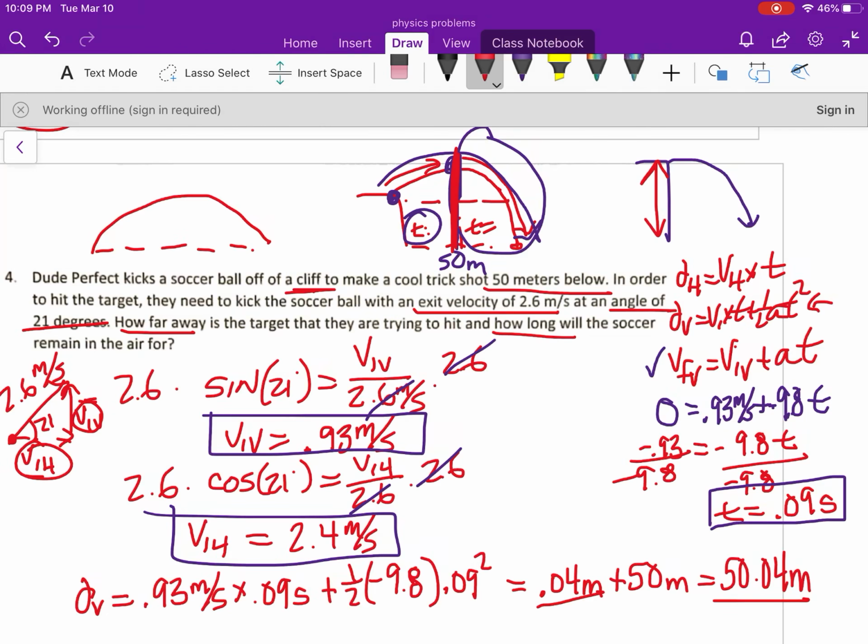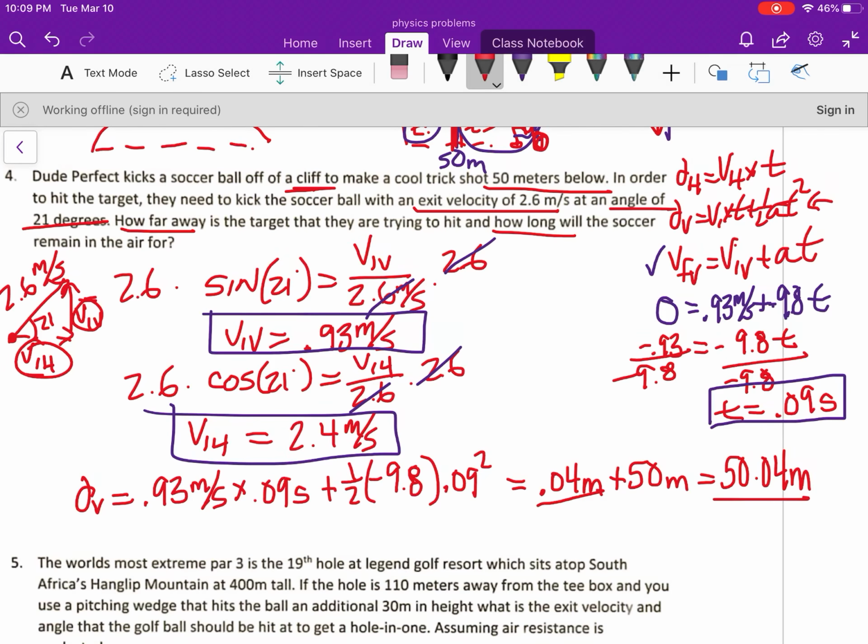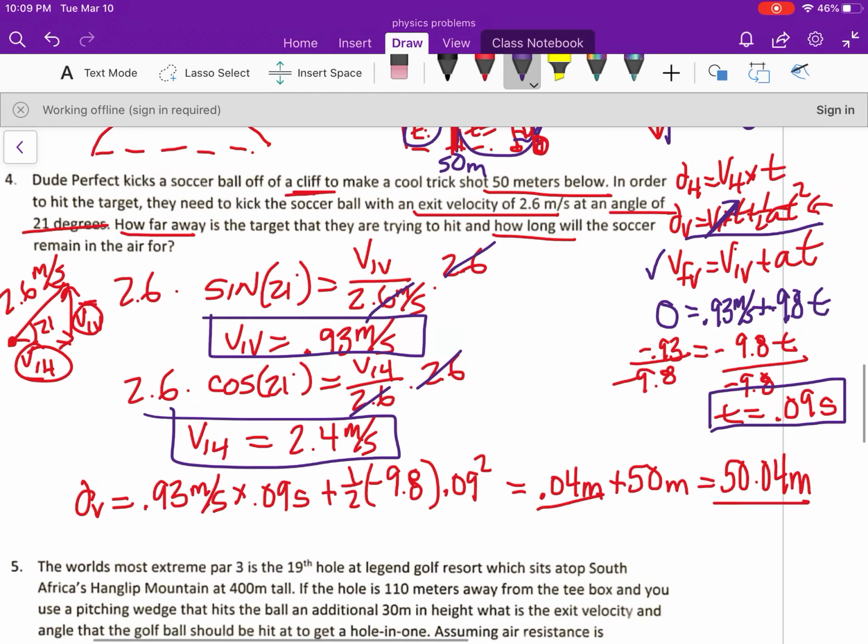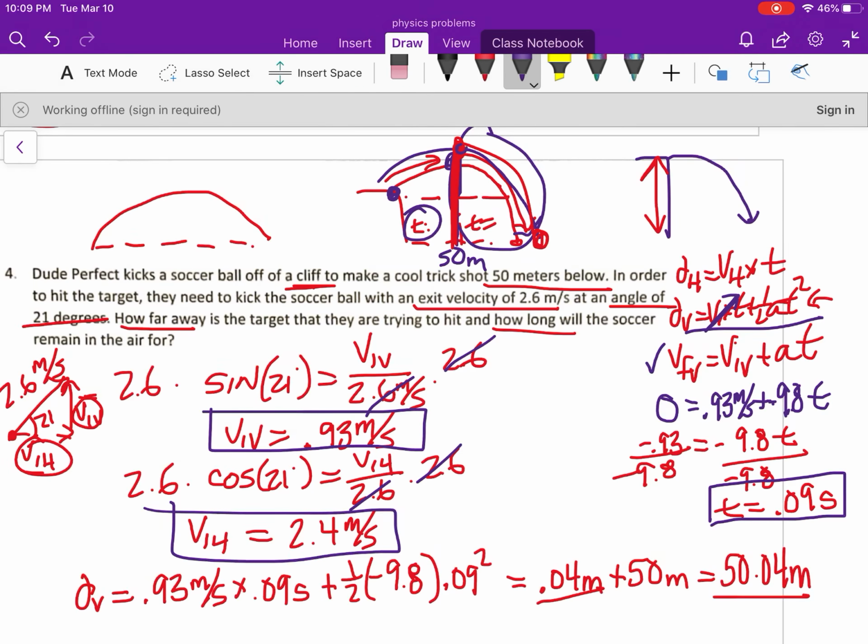So now I can take that answer and plug it in to solve for the time that it takes to go from the peak all the way down to the bottom. And we can use the same equation that we did on our other problems, where we rewrote this equation to solve for our time, and we can neglect the initial vertical velocity because at this point, remember, our vertical velocity is 0.